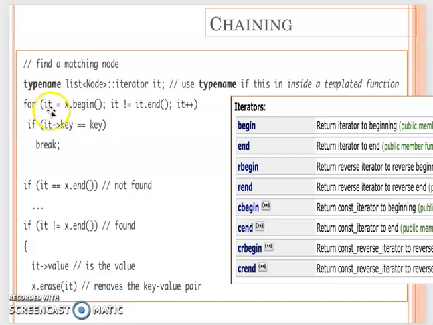Your it still starts from, for example, if the list is called x, your it equals x begin. Then it is not equal to the end. Then we increment our it. When you want to compare the key, you just use the it, the pointer, to refer to the key. When you reach the end, that just means we didn't find it. Okay, so that's what we want to show you here, the typename you want to use when you have your iterator. So that's the list.